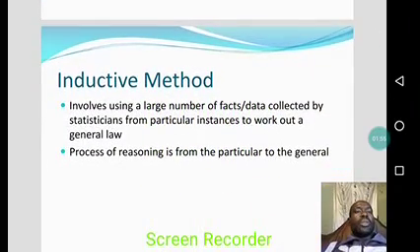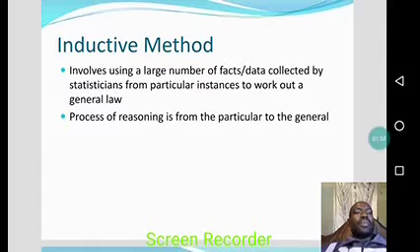And there's also the inductive method. This involves using a large number of facts or data collected by statisticians from particular instances to work out a general law.